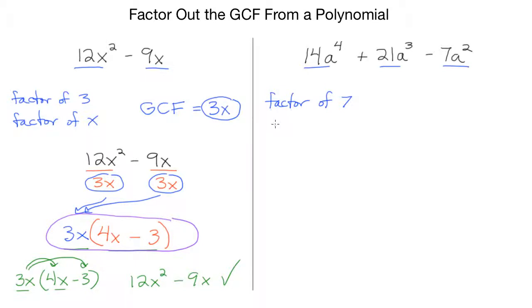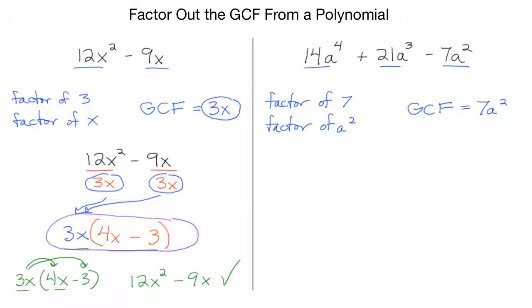Now if I look at the variable part, we have a to the fourth, a to the third, a squared. There's a factor of a squared in each one of these. So in this trinomial, my greatest common factor out of all three terms is 7a squared. I can divide that out. It's in common with each of these three terms.